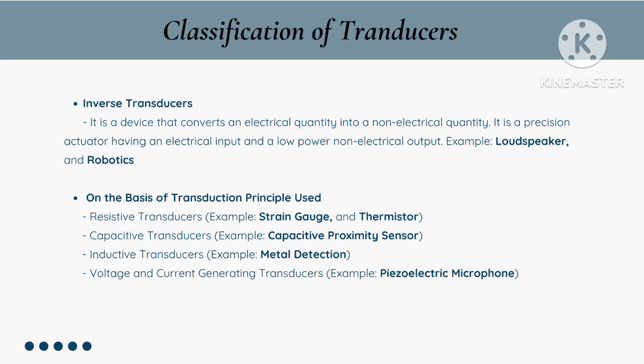So, the piezoelectric microphone. This device, the microphone, picks up sound waves, which are mechanical vibrations in the air. They hit the piezoelectric crystal inside the microphone. So when the sound waves push against the crystal, they cause it to deform or vibrate.